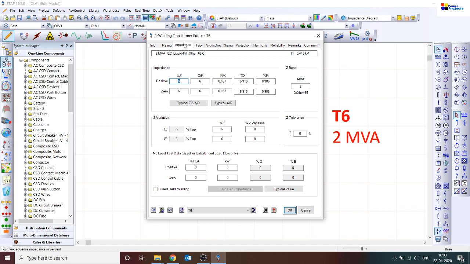Obviously the percentage X, the reactance value, will increase, because XL is equal to 2 pi FL. L, the inductance, remains constant and X will increase. From 50 to 60 hertz is a 20% change in frequency, so the reactance also will change by 20%. That means your impedance will jump from 6% to approximately 7.2%.